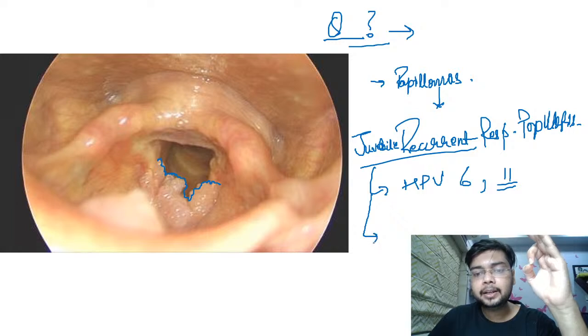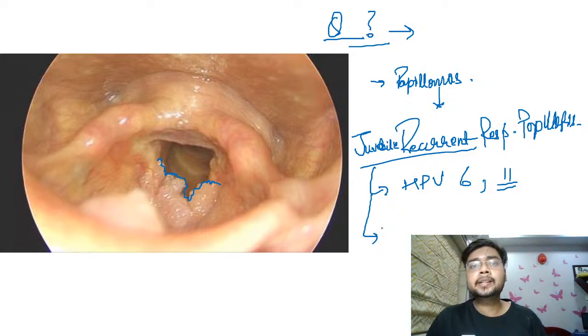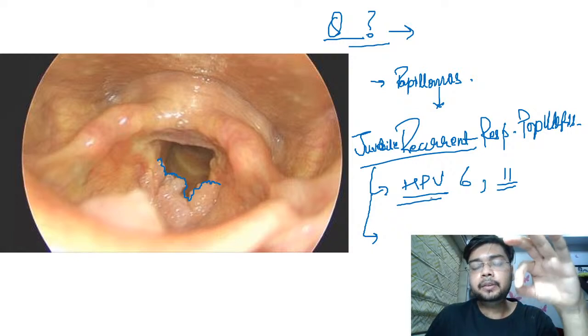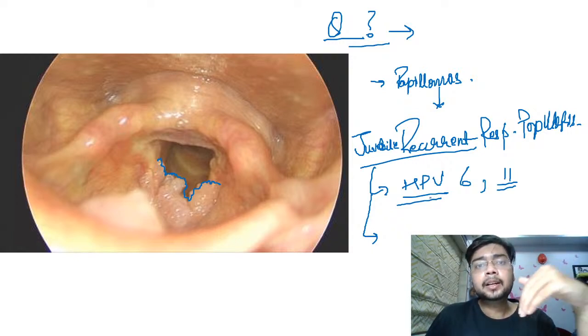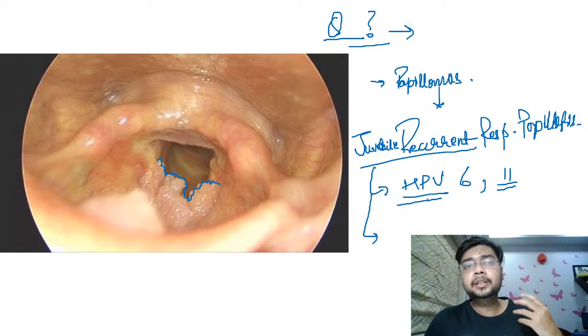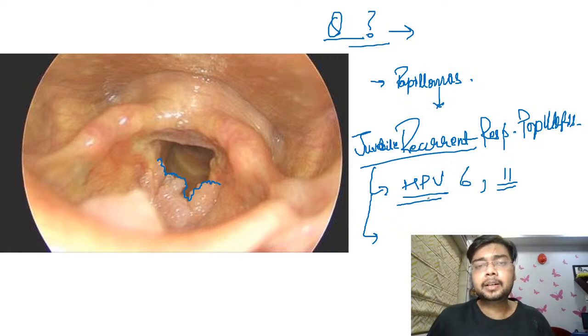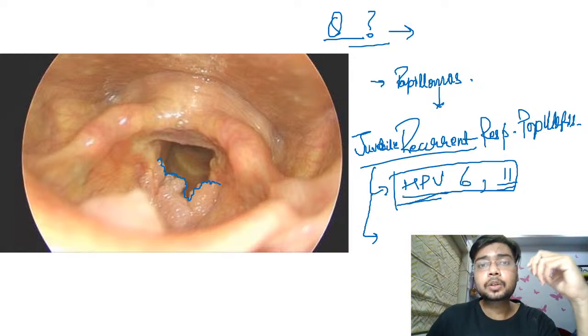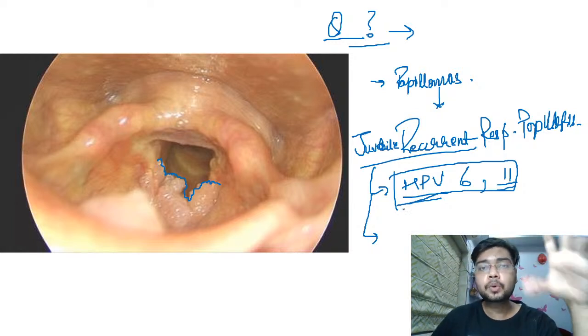And why is it usually juvenile? Because these laryngeal lesions appear by infection of children through HPV while being delivered through the genital tract of women. That is why these are mostly seen in childhood. Okay, so HPV 6 and 11 are more important.